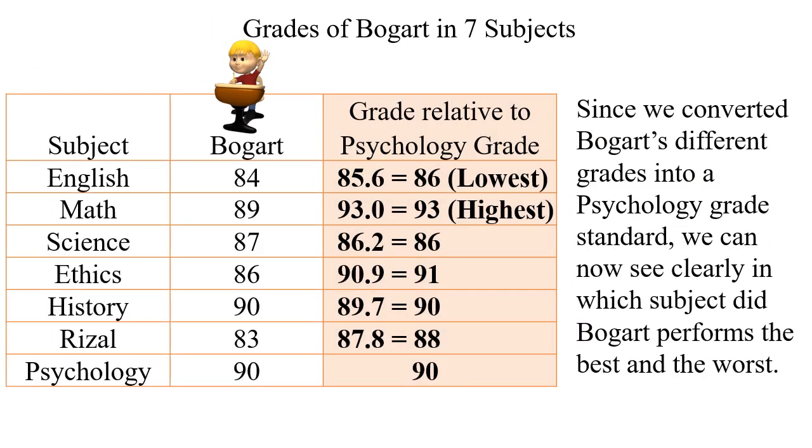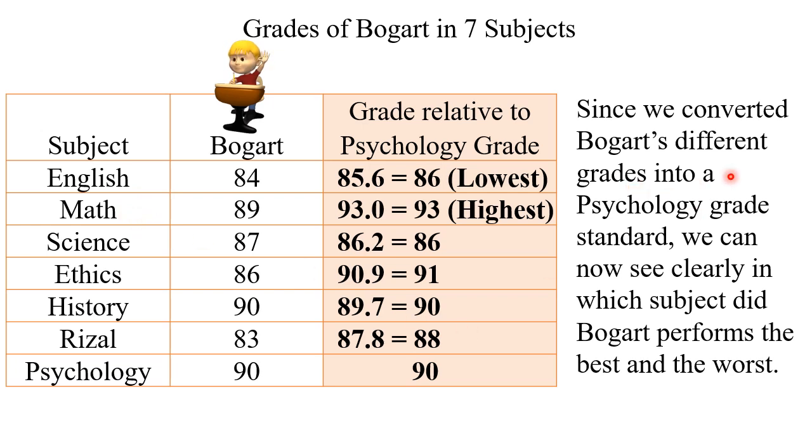Okay, so another one is like this. We can now see, class, the equivalence. The highest is still math, the lowest is still English, based on this, 85.6, although here we have 86.2. Which is actually the same as our previous answer, class, on which subject Bogart performs the best and the worst. We have math and English.